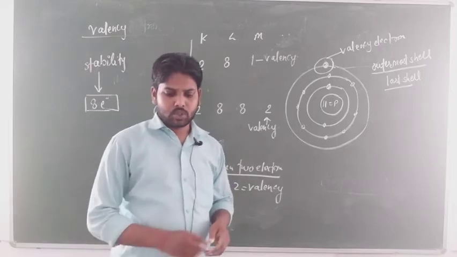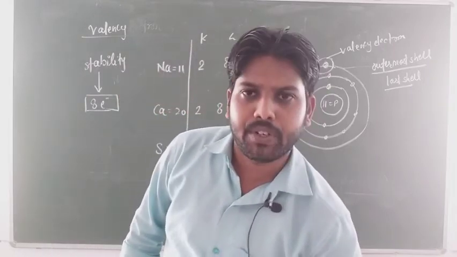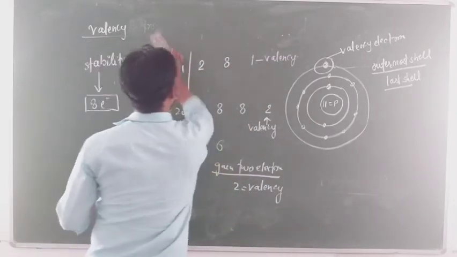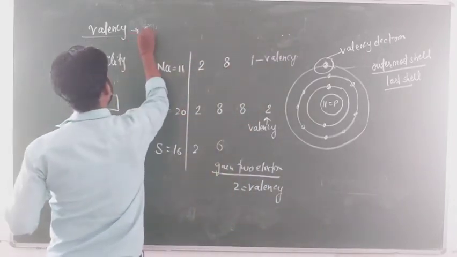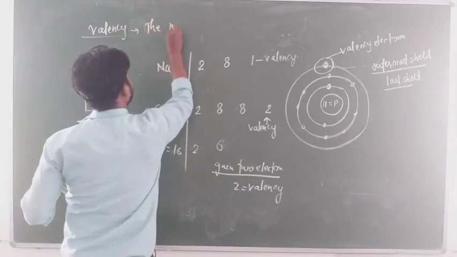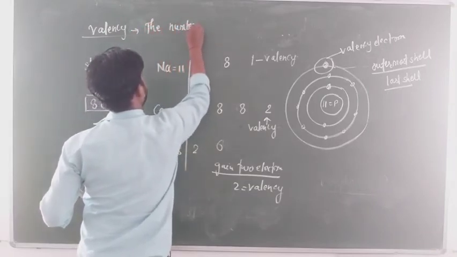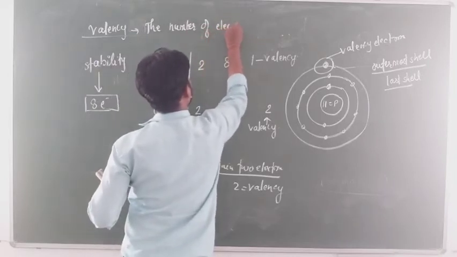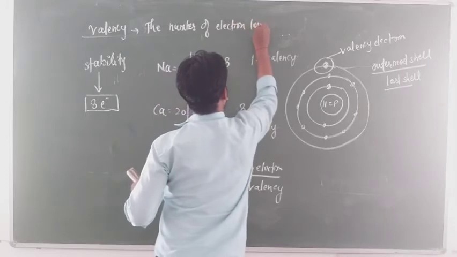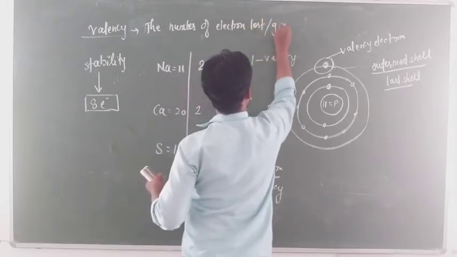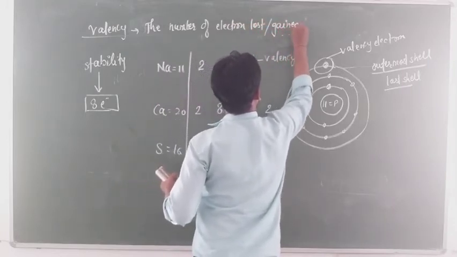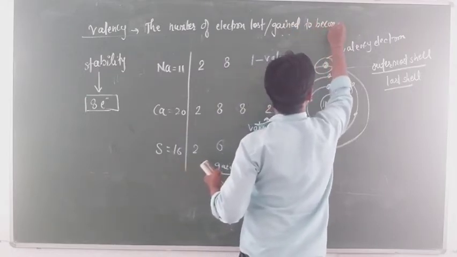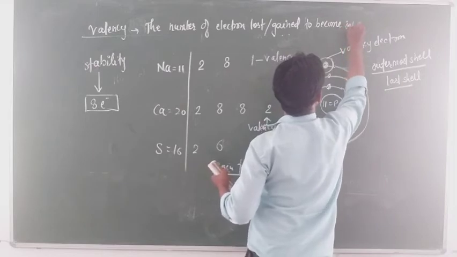Clear, students? So we can write the definition. The number of electrons lost or gained to become an inert gas. Inert gas means stability, students, complete stability.